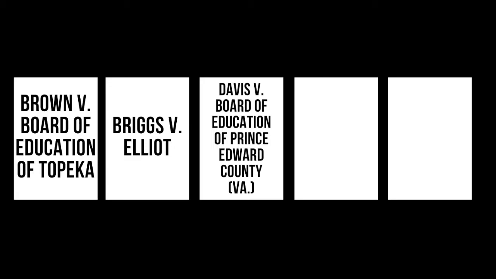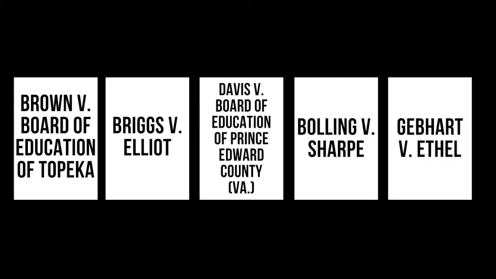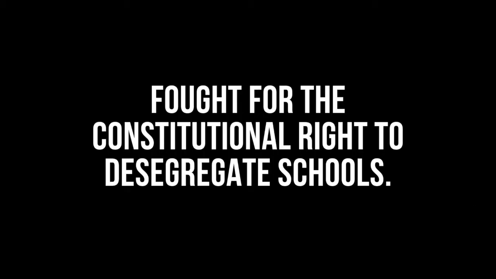Brown v. Board of Education of Topeka, Briggs v. Elliott, Davis v. Board of Education of Prince Edward County, Virginia, Bolling v. Sharpe, Gebhart v. Ethel. These are the names of 5 cases brought to the Supreme Court, and while the names may be different, the causes are the same. These 5 cases fought for the constitutional right to desegregate schools.